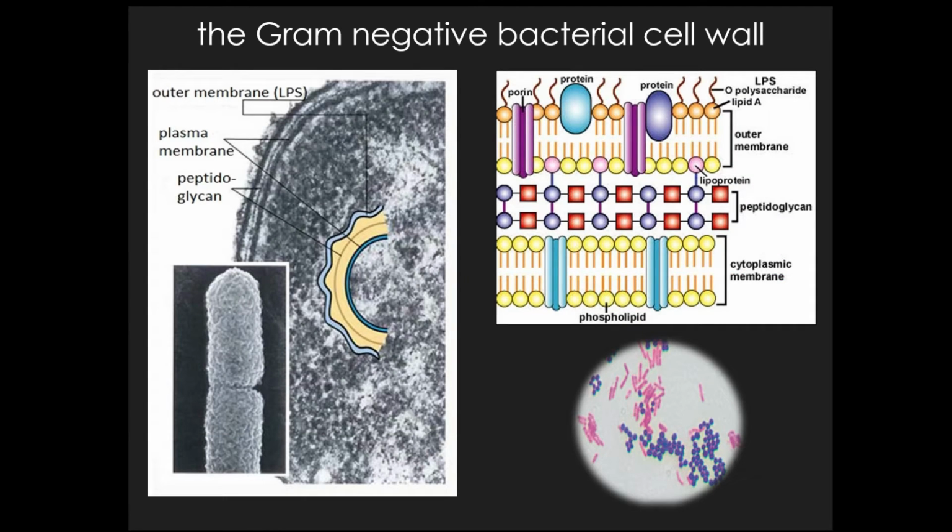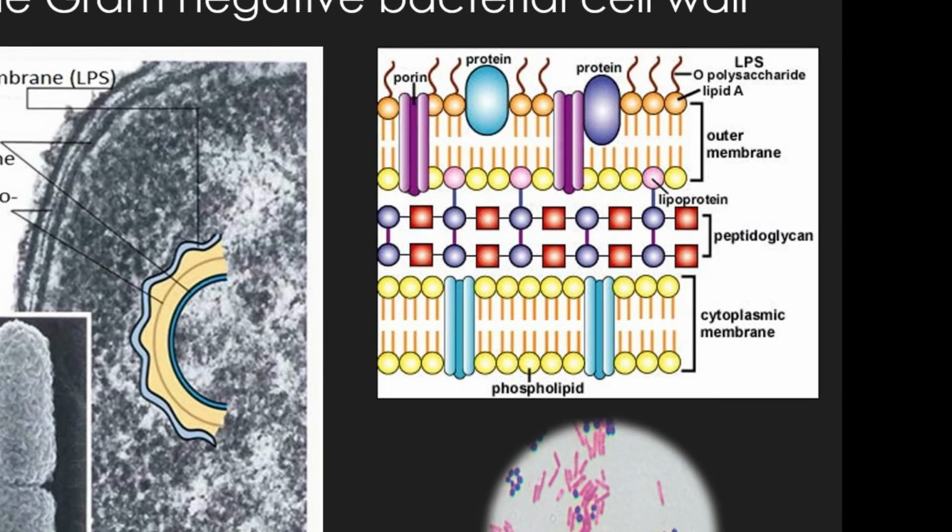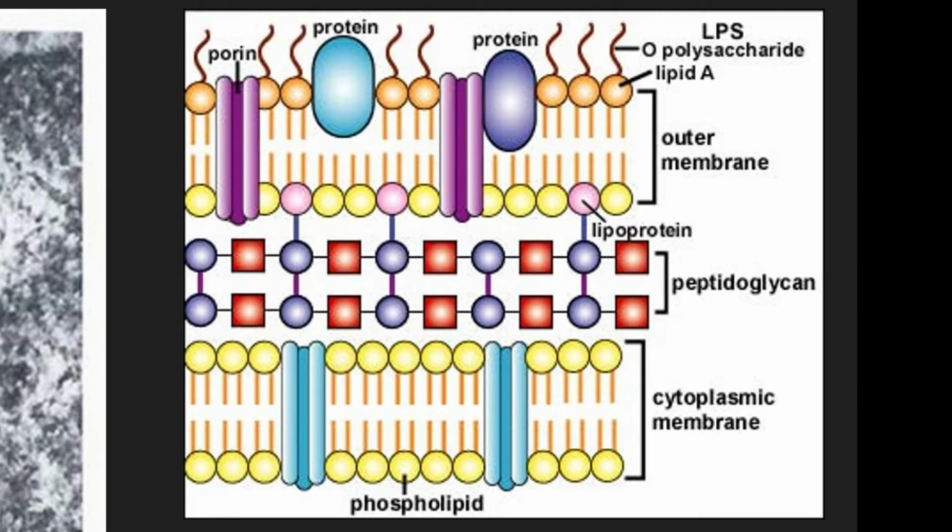So I was mentioning that this might lead you to think that the cell would not be able to survive in the presence of environmental stressors. And the way that these gram-negative cells get around that is that outside of that thin layer of peptidoglycan, they have something called an outer membrane. And that outer membrane is highly resistant to chemicals and other things like that. It's a lipid bilayer membrane, but it's embedded with a lot of polysaccharides.